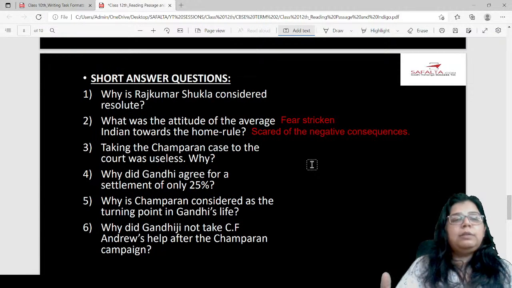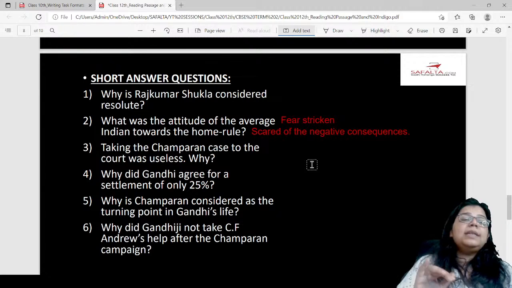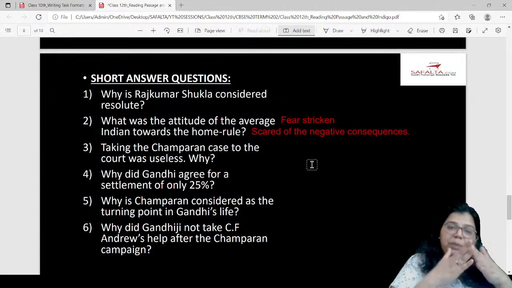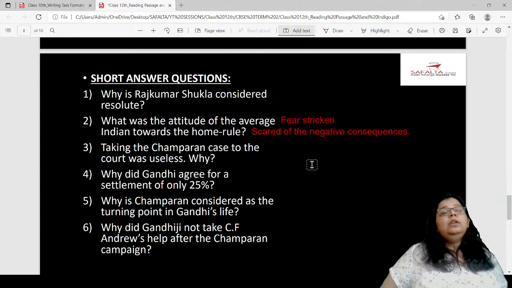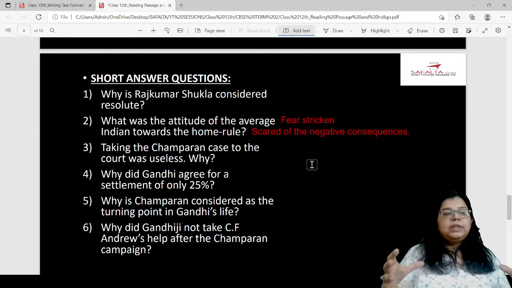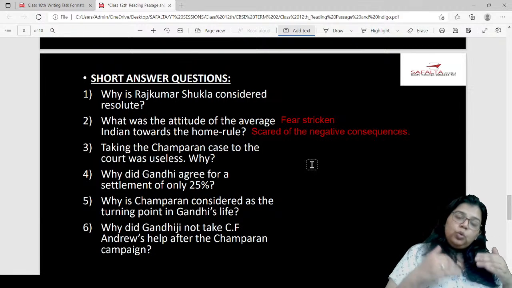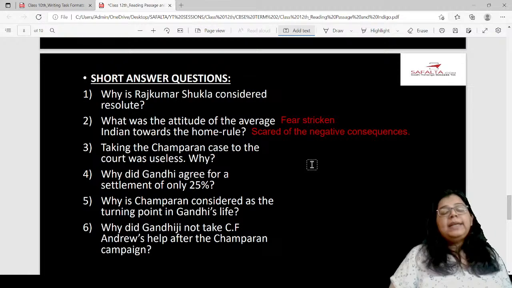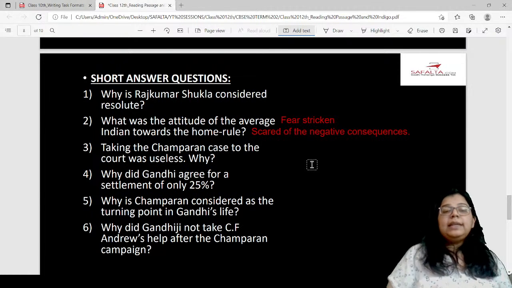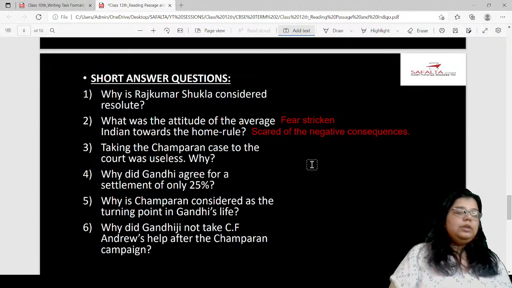They were helpless at that point of time. So he realized that once they break this fear-stricken trap they are in, only then will they be able to fight for themselves even in future, right? So that is why he agreed to the 25% refund.